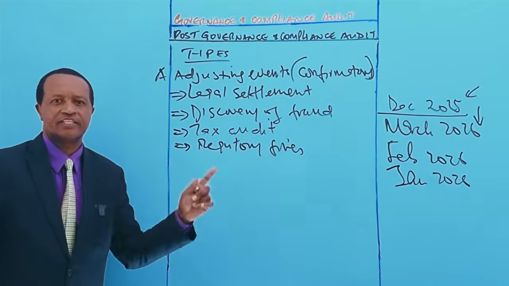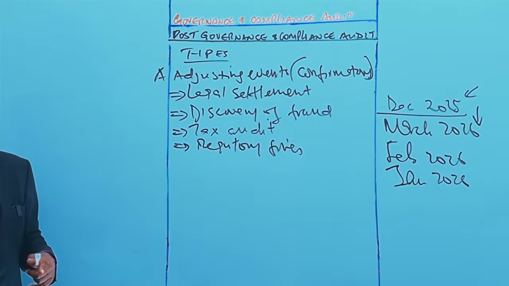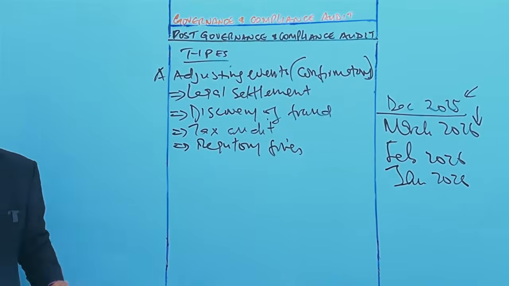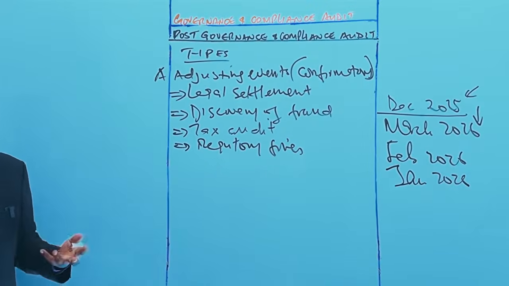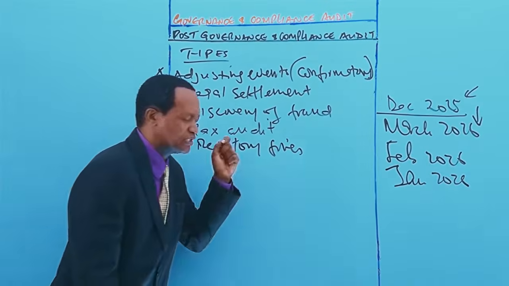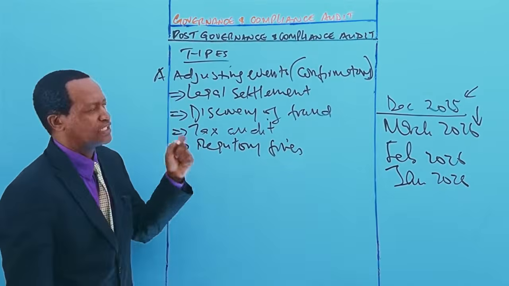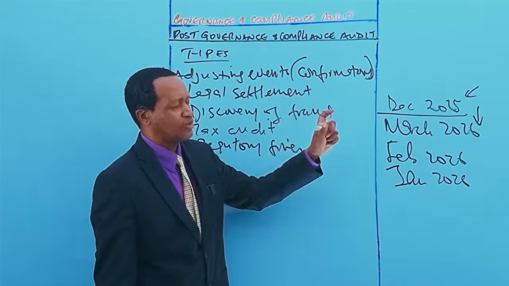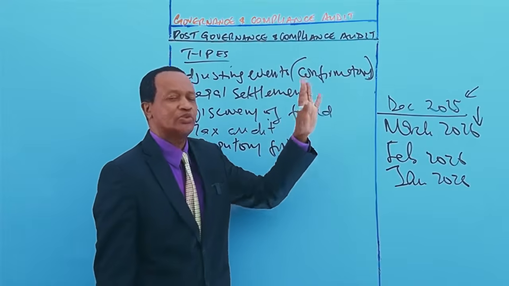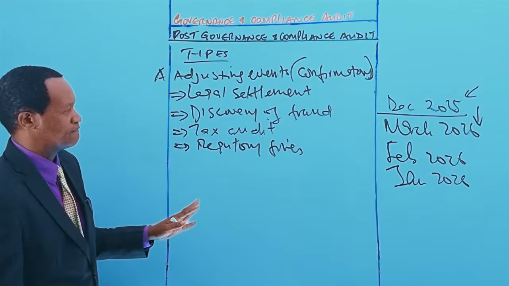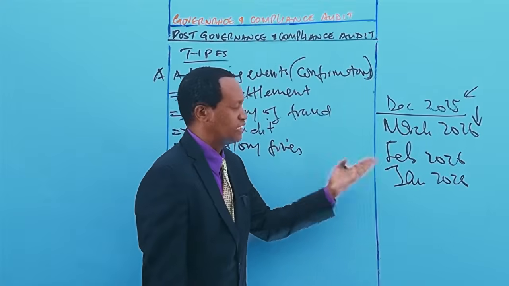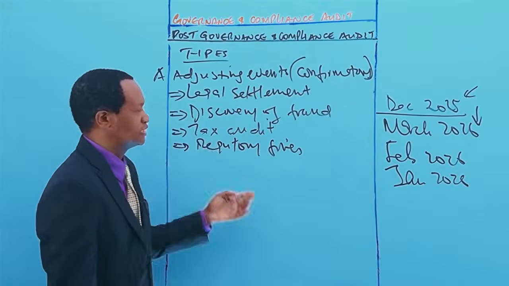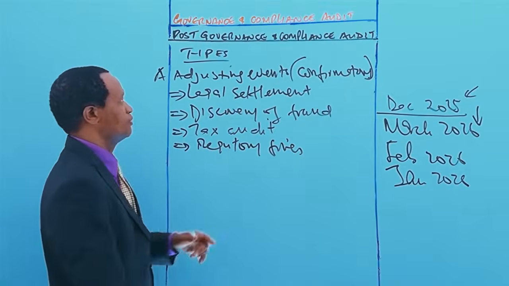The company is fined, it could be for data breaches that occurred in 2025, and that confirms non-compliance with the Data Protection Act. That means the company did not comply with the Data Protection Act in the year 2025. And that may happen post the audit date. So that is another example.